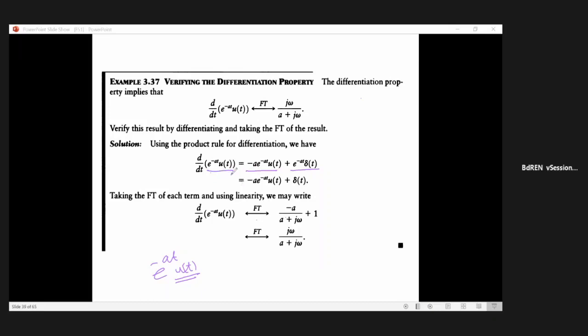In the second case, you have to take the derivative of u(t) with respect to t. That will give you a delta(t). As a result, this will be your total derivative. You can verify it if you take the Fourier transform. Then the Fourier transform of your first term is equal to this, the Fourier transform of the second term is equal to 1, and simplifying it, it will be equal to this. So without going to this derivative, if you know the property, you can directly find the Fourier transform of the derivative of that function.